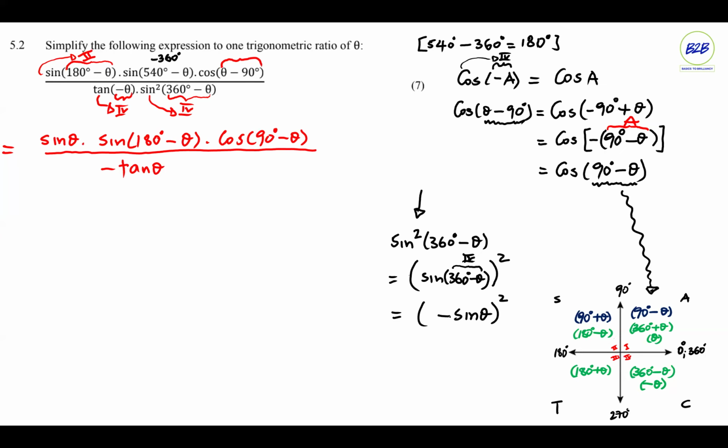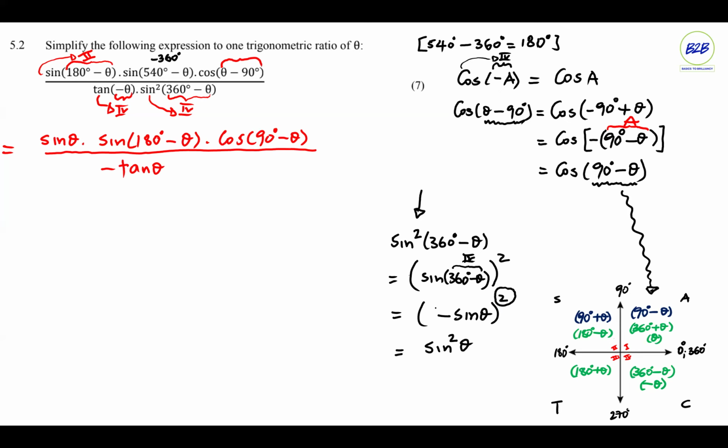So the negative itself is within the brackets. So what did I mean now? That be careful. This negative, as much as sine is negative in the fourth quadrant, this negative will disappear in the next step. Why? Because of the square. The square neutralizes the negative into a positive.